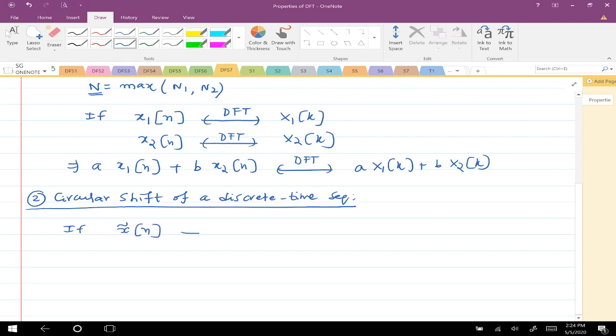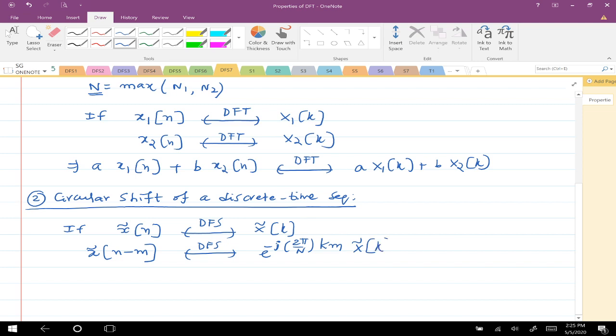Suppose for a periodic signal x tilde of n the DFS is capital X tilde of k, then if I had x tilde of n minus m, shifted by m, the DFS in that case is e power minus j 2 pi by n times k times m, into X tilde of k.